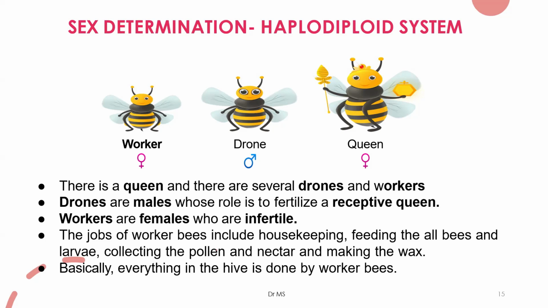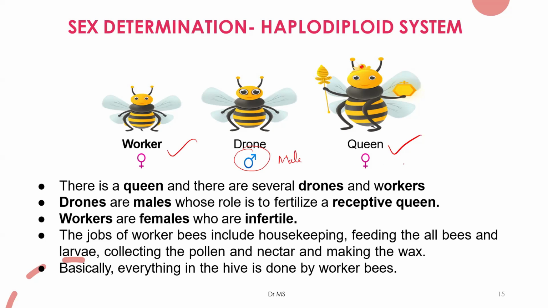Okay, so next one, sex determination in bees. We know bees have three types. We'll study the worker, drone, and queen in detail in another chapter. How do this worker, drone, and queen arise? Remember, the queen and the worker both are females, whereas the drone is a male.